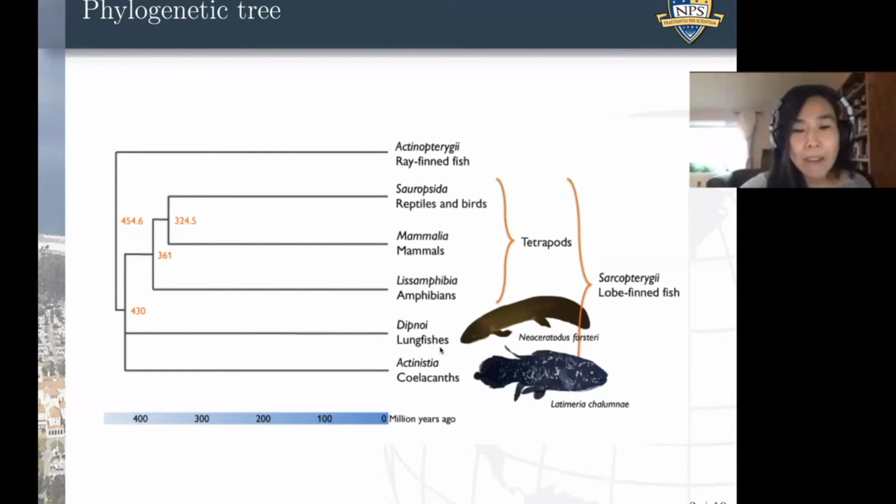And this lungfish, this is a fish with lungs, and also this is a coelacanth that looks like a really ancient fish. Biologists want to know which one, lungfish or coelacanth, is more closely related to tetrapods, the land-living things. A phylogenetic tree is a tree representation of evolution between species.